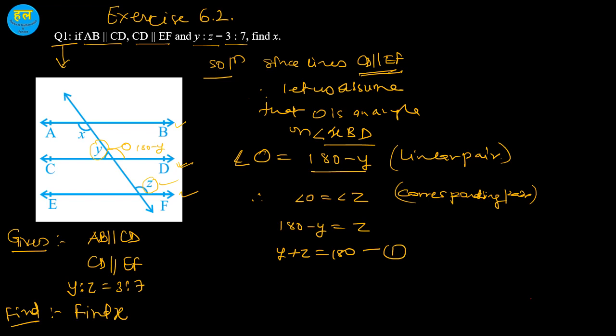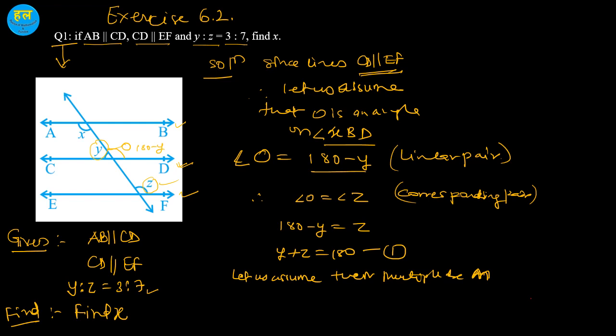Now, it is given in the question that Y and Z are in a ratio of 3:7. Let us assume their multiple be M, because A is already there in the question.